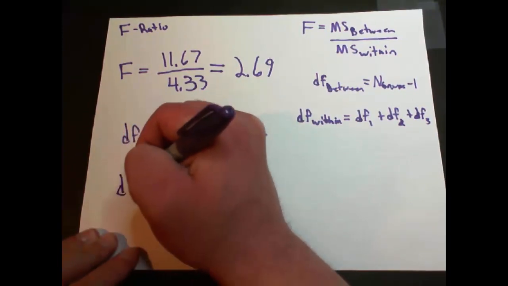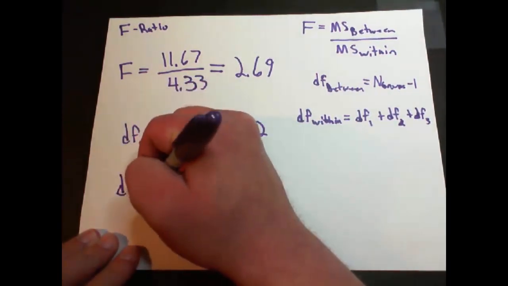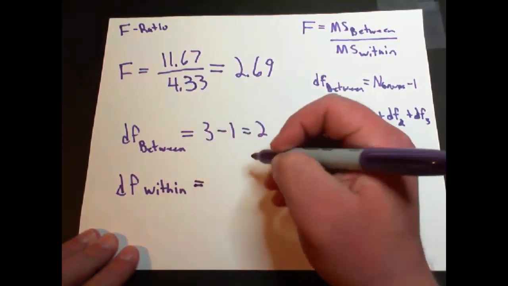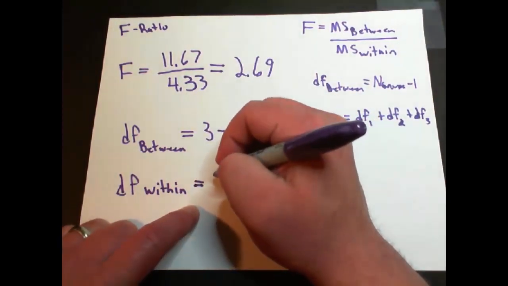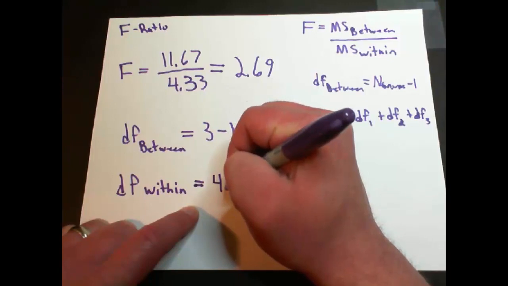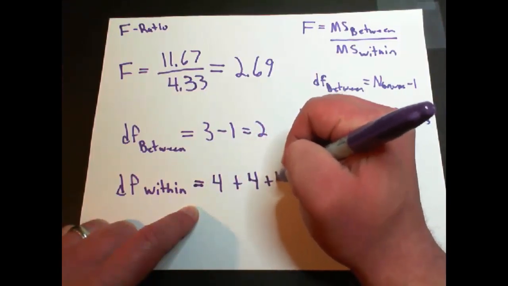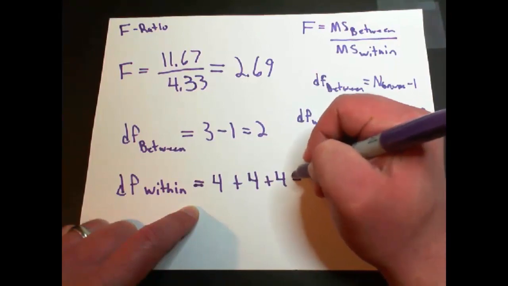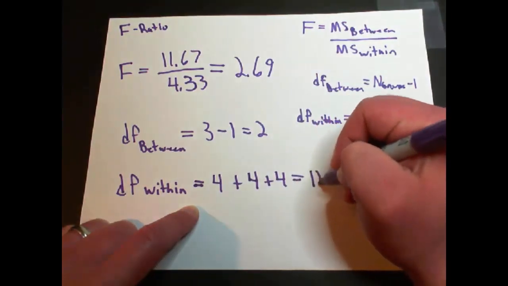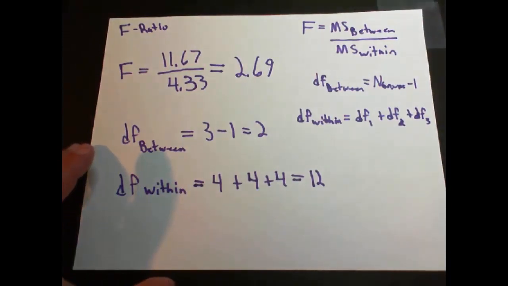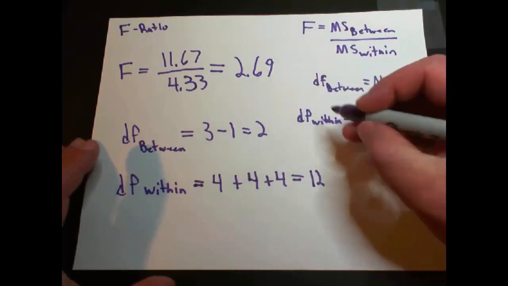So the degrees of freedom within is equal to 4 plus 4 plus 4 equals 12.